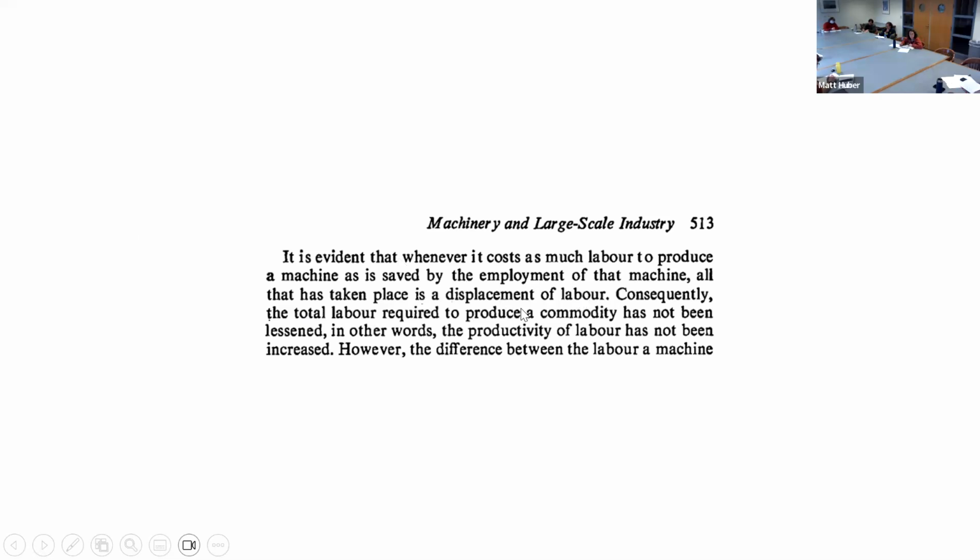So they could kind of equal each other out in that scenario. And in that case, the total labor required to produce the commodity has not been lessened, and therefore no productivity increase has happened. So you have to think about how much labor it took to produce the machine before you think about whether or not you would want to employ it.